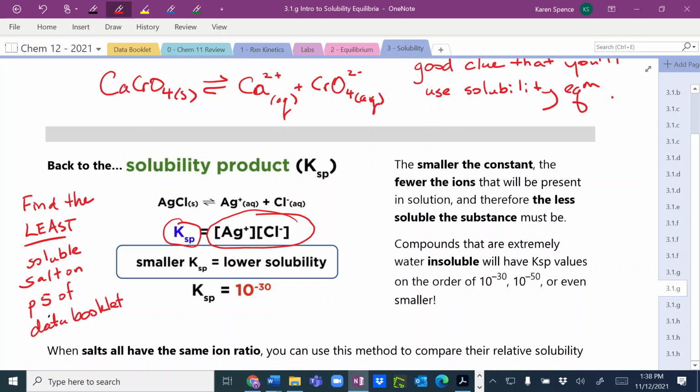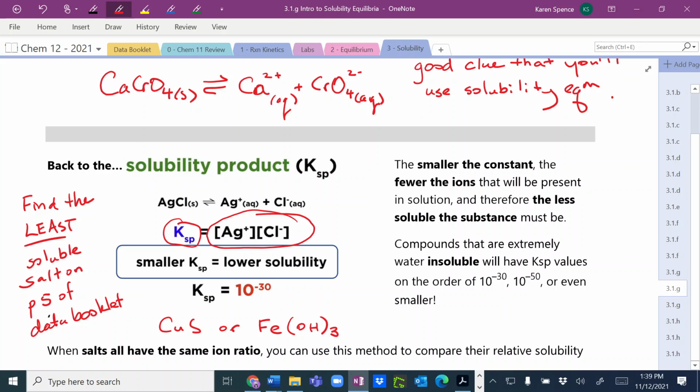Okay, there's another one which is 10 to the negative 37, which is awfully close. And in fact, we can't really tell if it's copper sulfide or iron hydroxide, because we can only use this compare KSP if the ratio between the ions is the same.